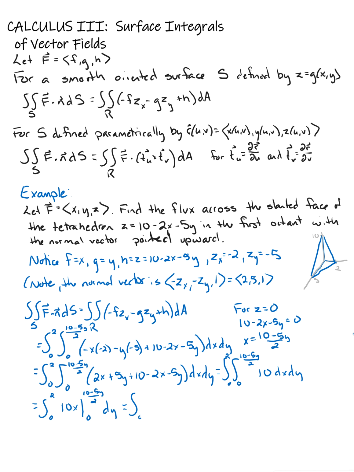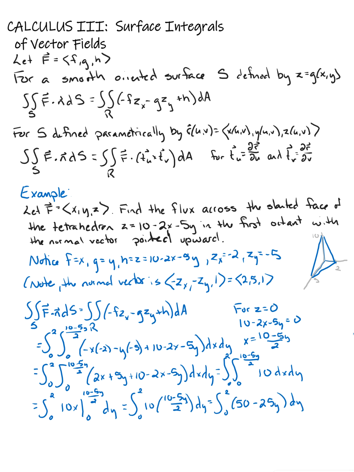We still have the integral with respect to y, but now we have 10 times 10 minus 5y over 2 minus 0, but of course we don't need to write that. So let's see, simplifying this a bit might help. That gives us 50 minus 25y for that integrand.